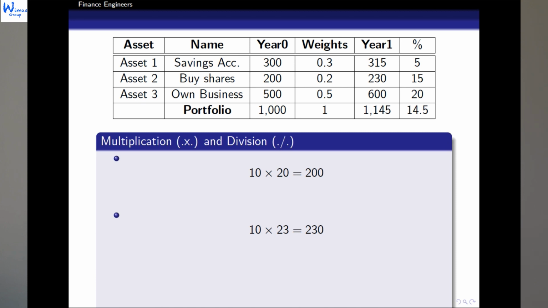Looking at the first asset, we said its weight is 0.3, and to obtain this weight, we take the amount invested in that asset, which is 300, and divide by the total amount invested, which is 1,000. So 300 divided by 1,000 is equal to 0.3.